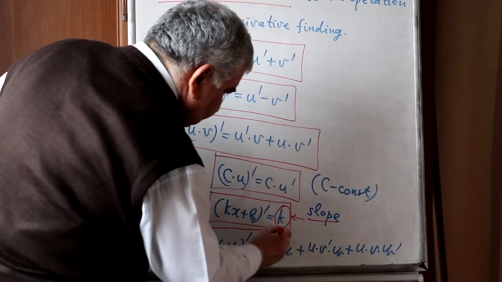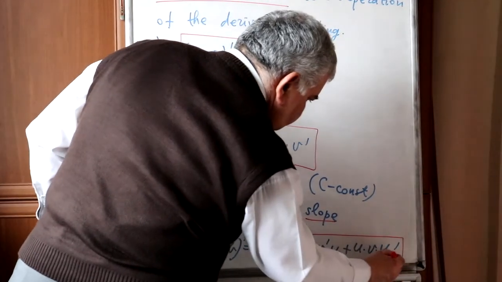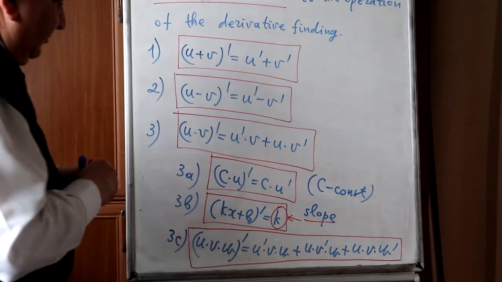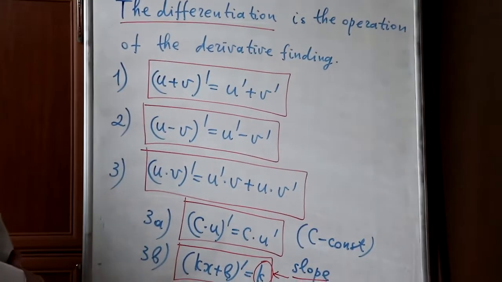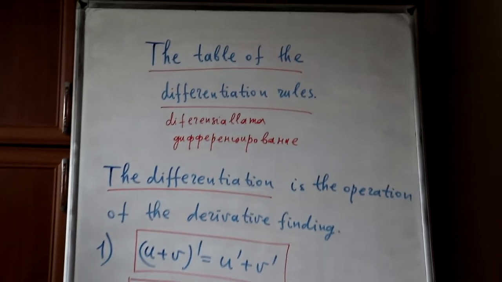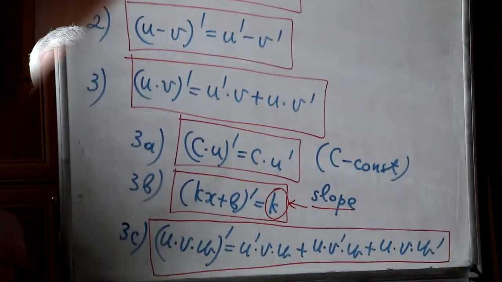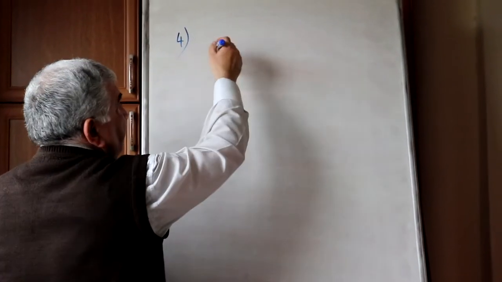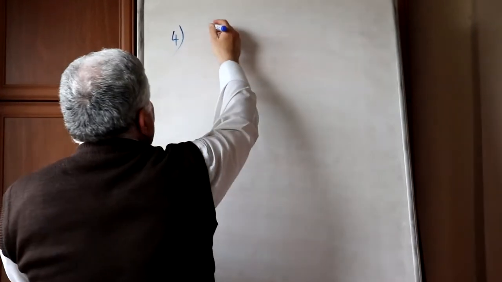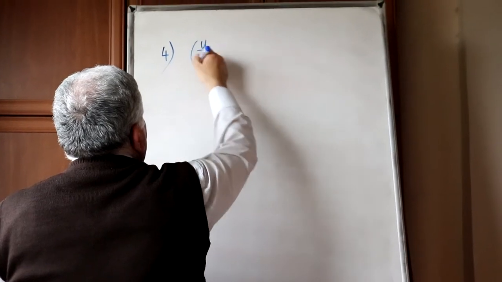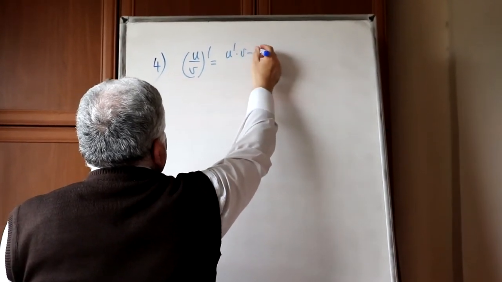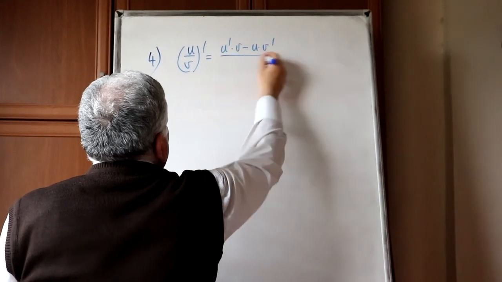Then continue writing the derivative formulas. Fourth formula, derivative of ratio is defined by the following formula. u over v prime is equal to u prime multiplied by v minus u multiplied by v prime over v squared.